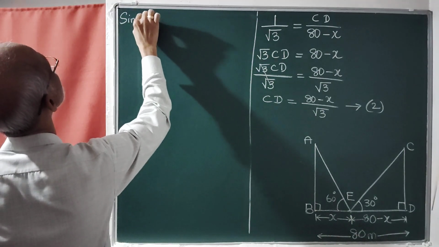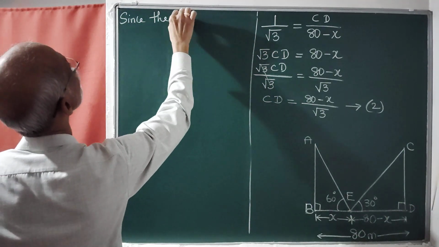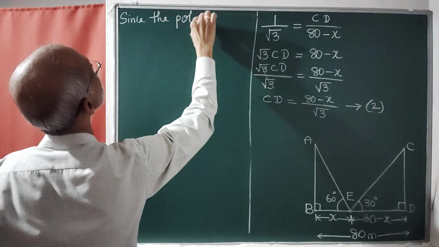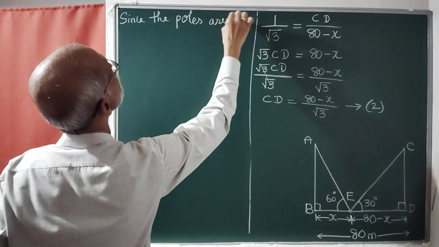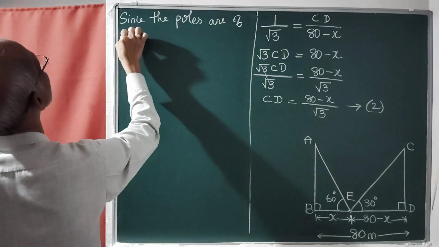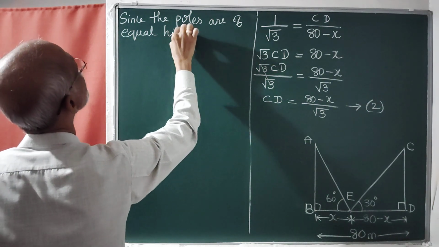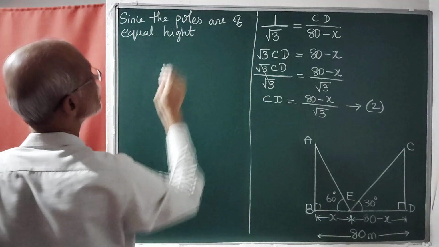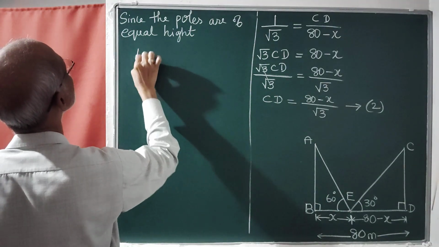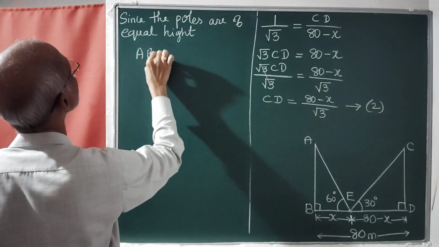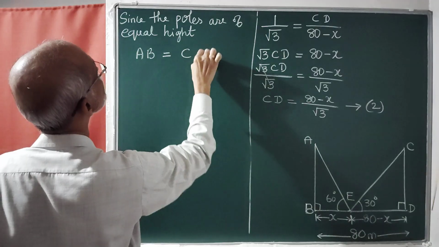Since the poles are of equal height, AB is equal to CD.